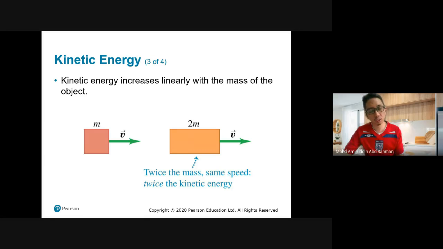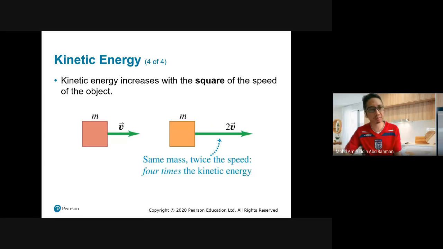The speed is the same, but the kinetic energy is double because it depends on the mass, half m v squared. Your m is now doubled, so of course your kinetic energy is double. The kinetic energy also increases with the square of the speed of the object.